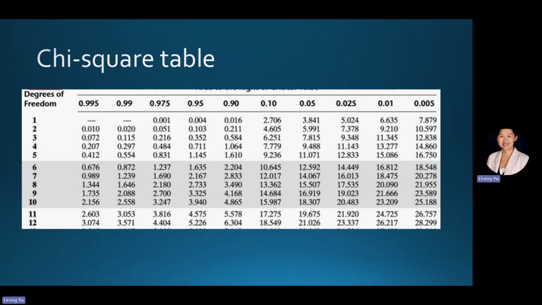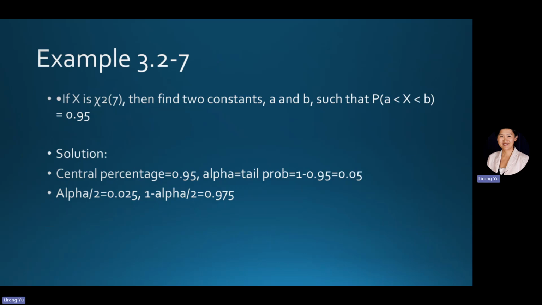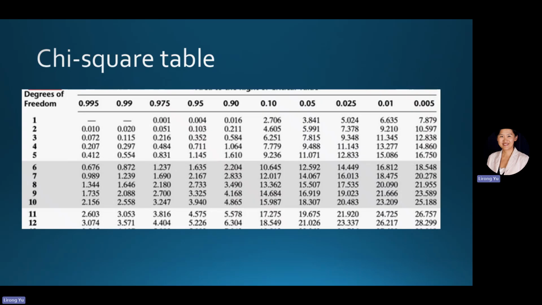You can use a table, right? That's 0.975 and 0.025 with degrees of freedom 7. So we look at degrees of freedom 7: 0.975 is 1.69, and 0.025 is 16.013.